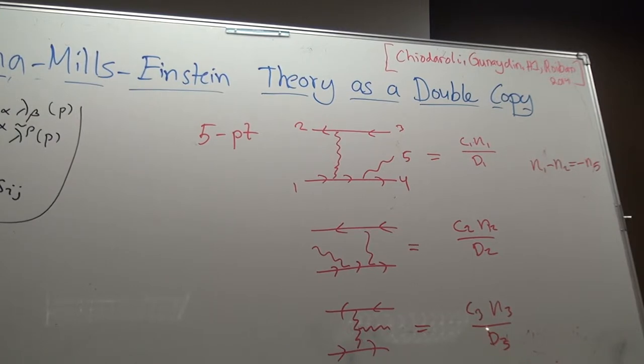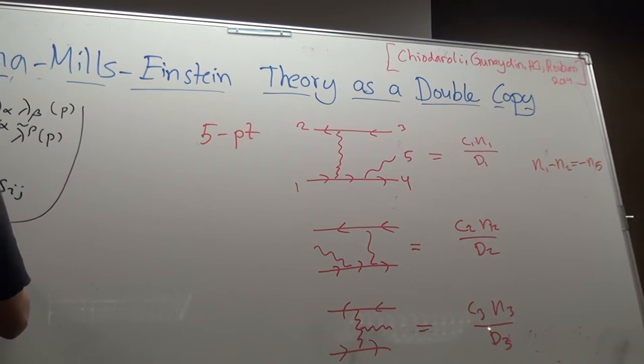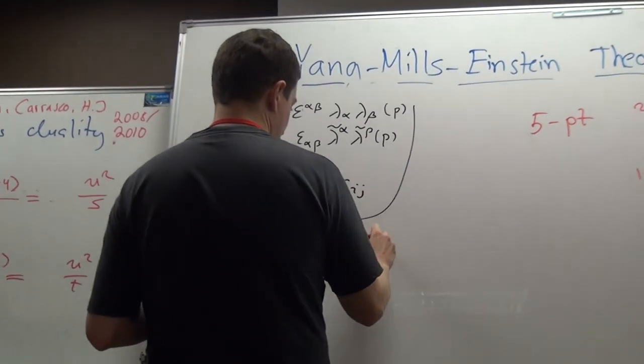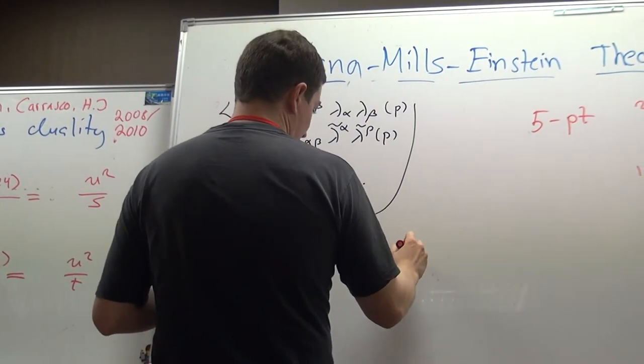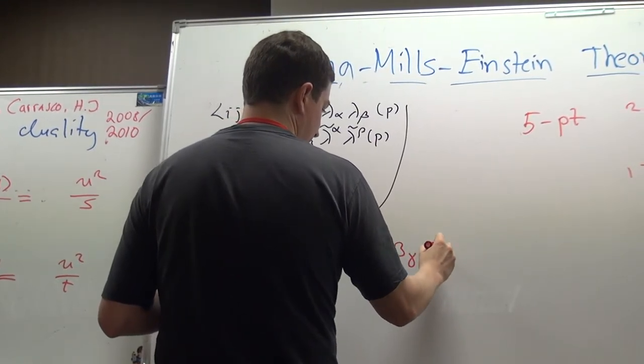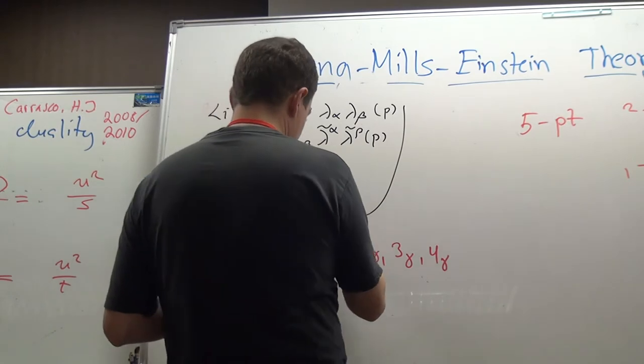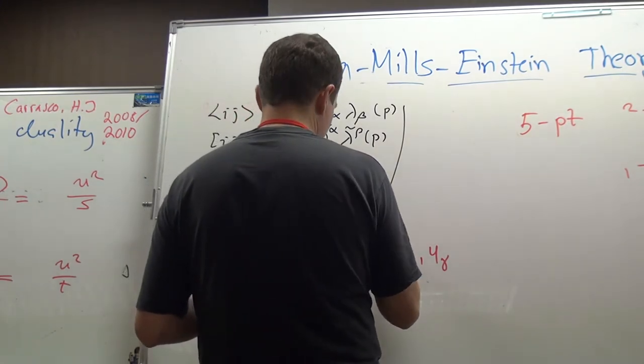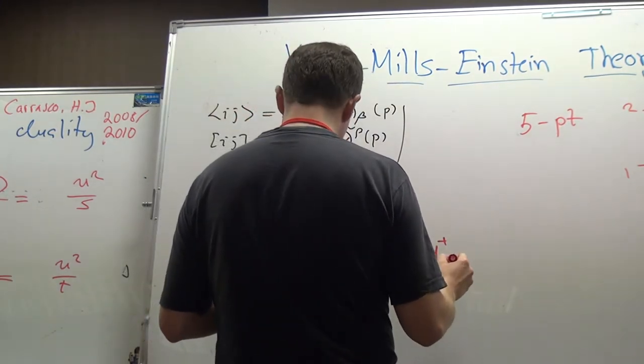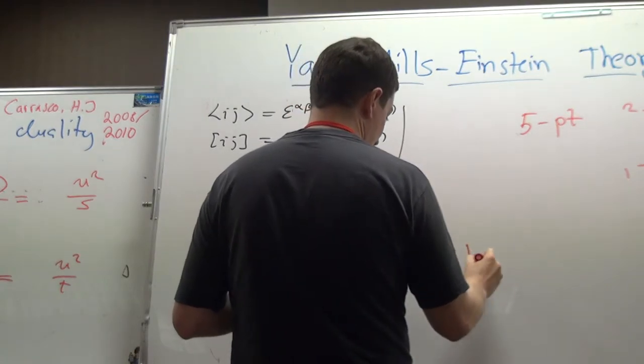So, you can start off by doing the photon amplitude. So, 4 photons. And they're going to be, in this case, alternating helicity. And then you're going to have 1 graviton.